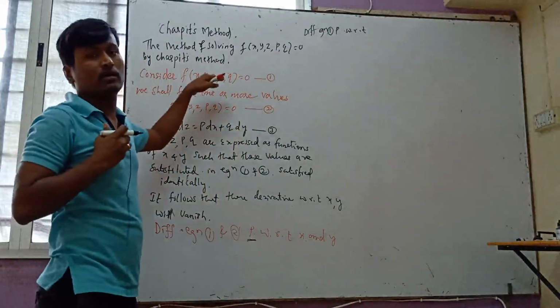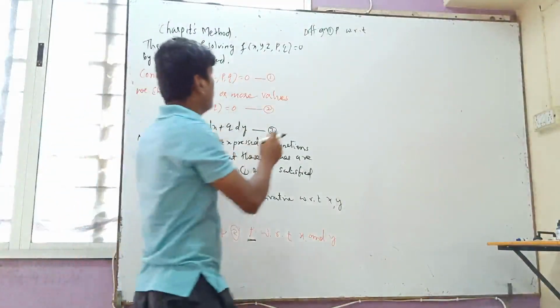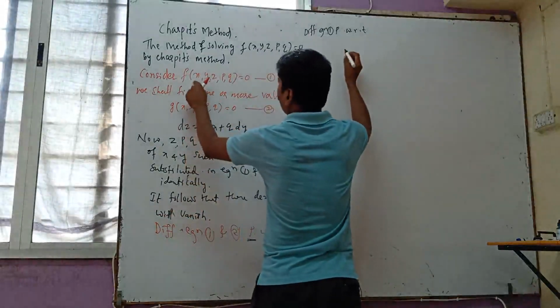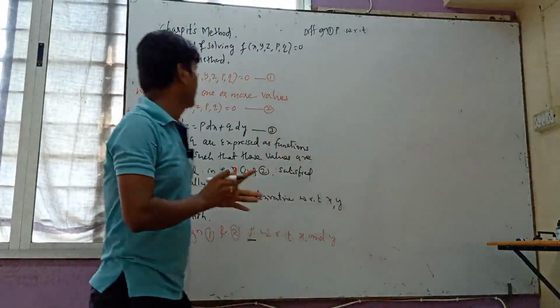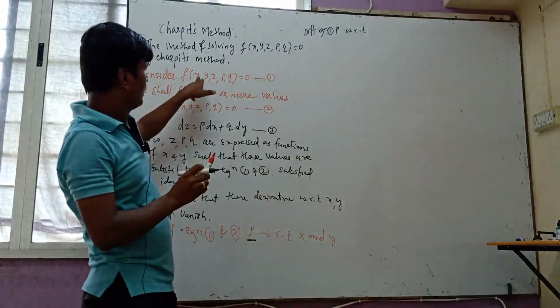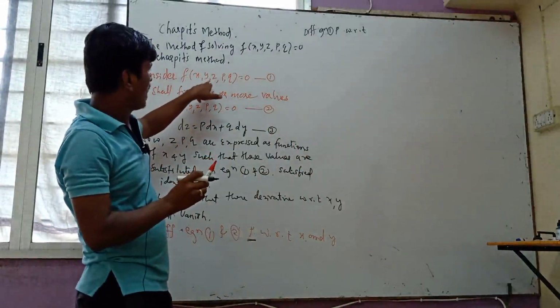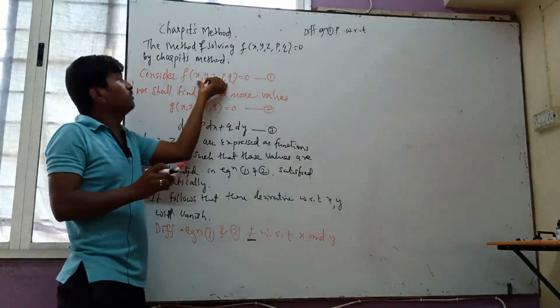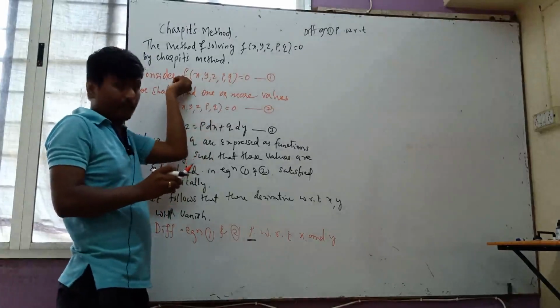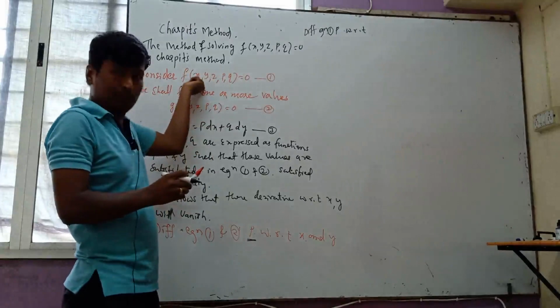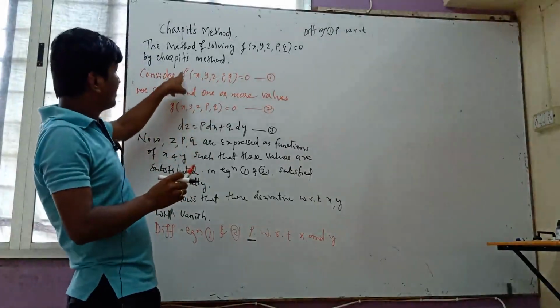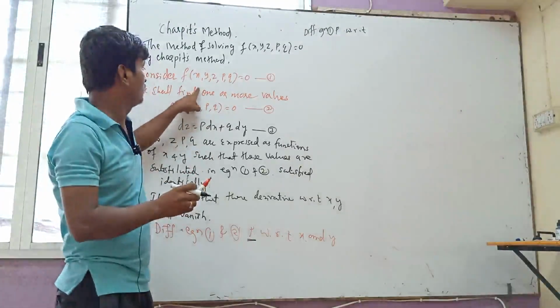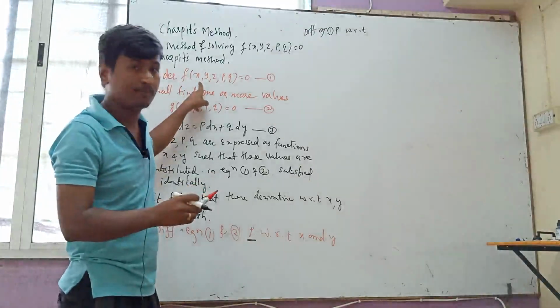Just taking the first equation here, I am going to differentiate. Here you should remember that f is a function containing x, y, z, p, q. In this f, these 5 variables are there. If I differentiate with respect to x, I should differentiate this whole function first and then differentiate with respect to x.